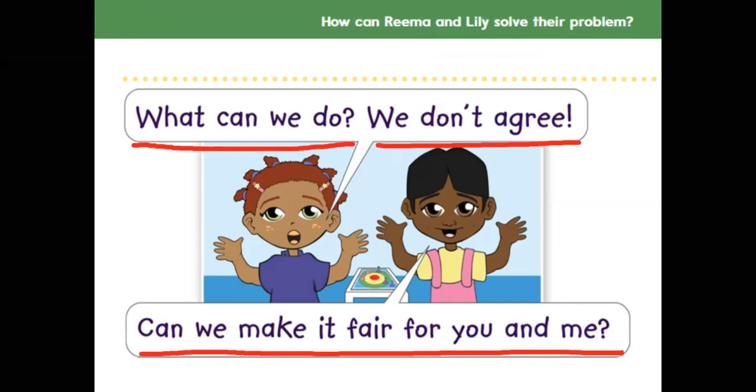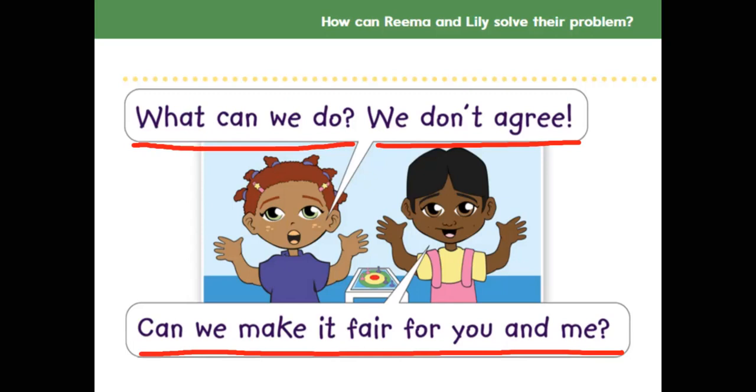Yes, it is, isn't it? We have to follow laws and rules, right? So, is it important to listen to others? Yes, it's very important to listen to others because that's how we can play nicely. So, how can Rima and Lily solve their problem? What do you think they need to do to solve their disagreement?